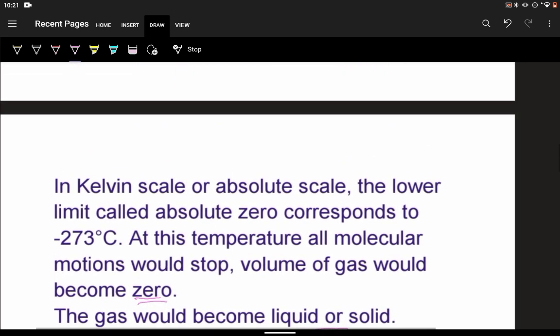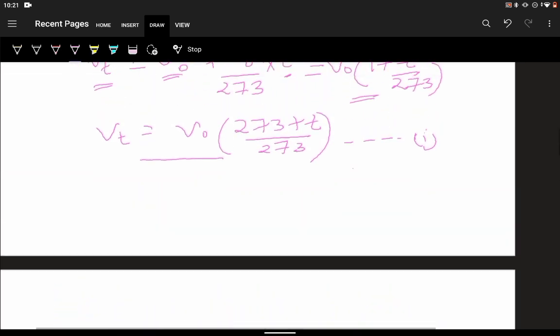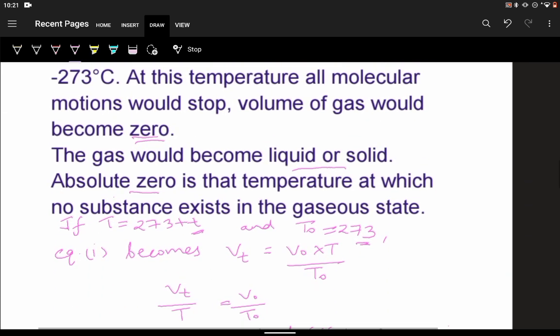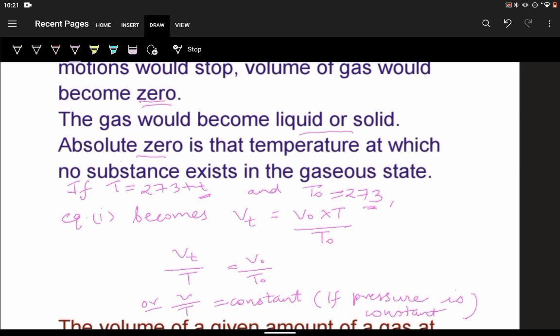I'll just show you once. This is equation number 1. In this I put these values, and we get a new equation: Vt equal to V naught into T by T naught. If we rearrange, we get Vt by T is equal to V naught by T naught. We can also state from here that this can be expressed as V by T is constant.